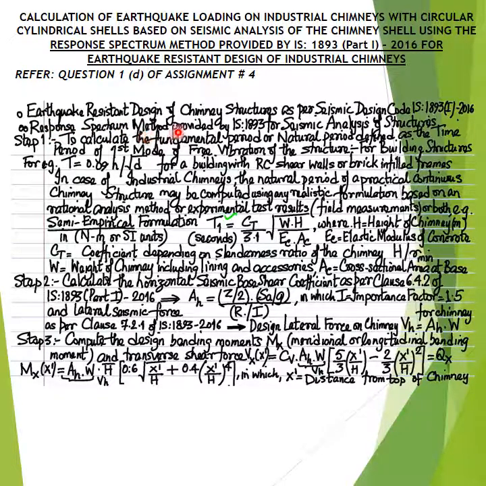The step-by-step methodology for the application of the response spectrum method provided by IS 1893 for seismic analysis of industrial chimney structures in order to calculate the design earthquake loads or the design seismic forces acting on the chimney shell for the purposes of structural design may be summarized as follows.